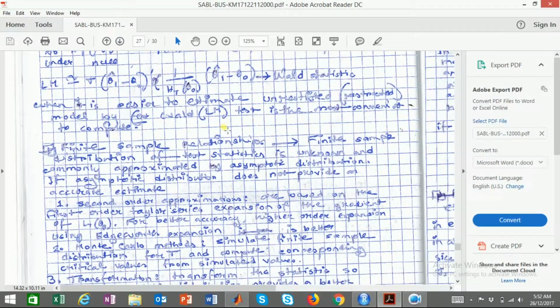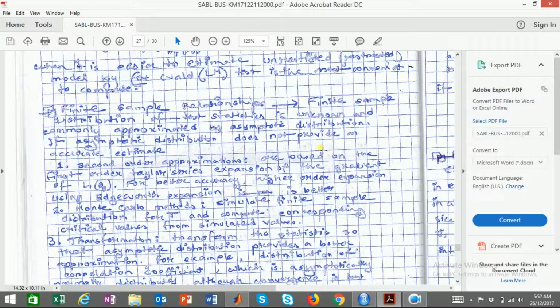In the case of finite samples, the finite sample distribution of test statistics is unknown and commonly approximated by the asymptotic distribution. If the asymptotic distribution does not provide an accurate estimate, second order approximations are based on the first order Taylor series expansion of the gradient, which we have seen already. For better accuracy, a higher order expansion using the Edgeworth expansion is better.